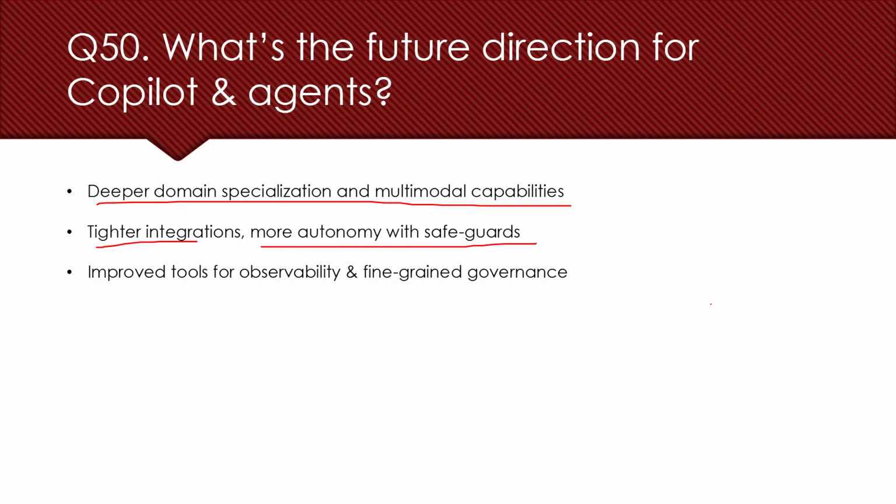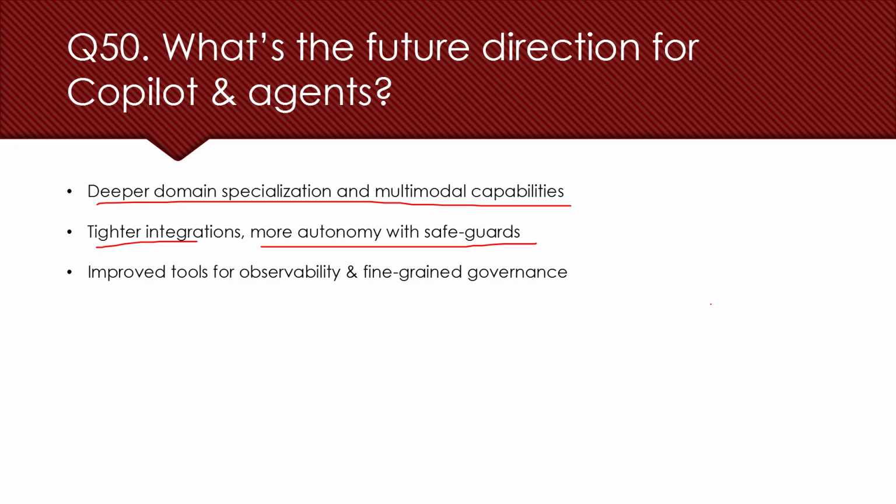What I mean by that is it will have multimodal inputs with broadened use cases, and agents will increasingly orchestrate complex workflows autonomously, but under tighter governance and human oversight for safety.